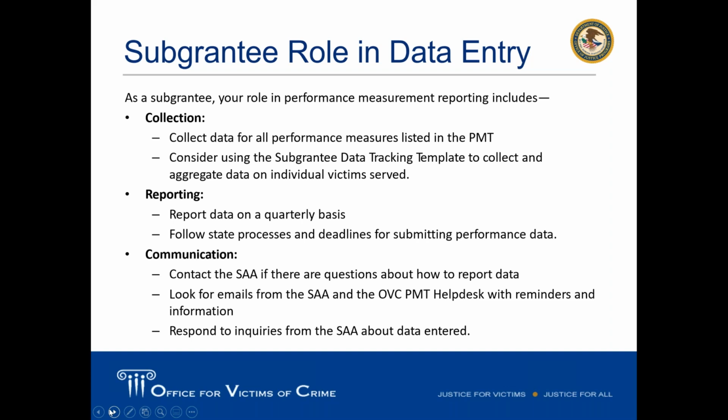Reporting: report your data on a quarterly basis. Follow state procedures and deadlines for submitting performance data, which that deadline is also going to come from us as well. Communication: contact the SAA if there are questions about how to report data. Look for emails from the SAA and OVC PMT help desk with reminders. Respond to inquiries from the SAA about your data entry.